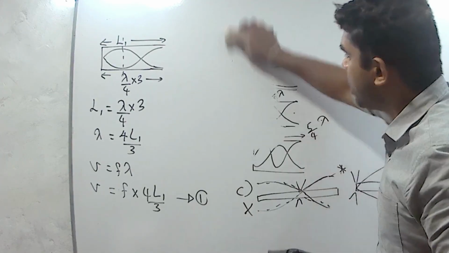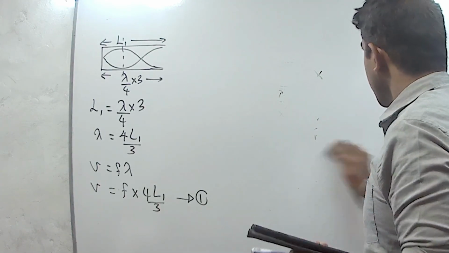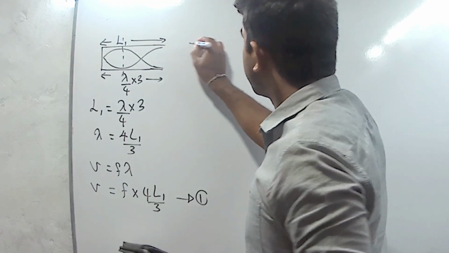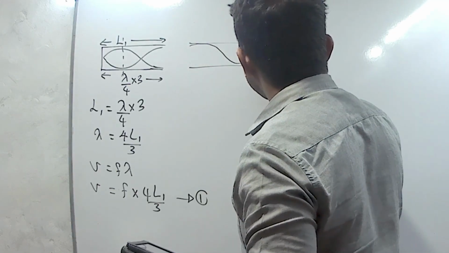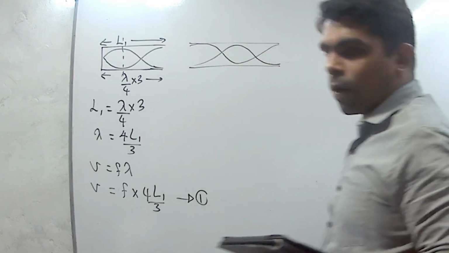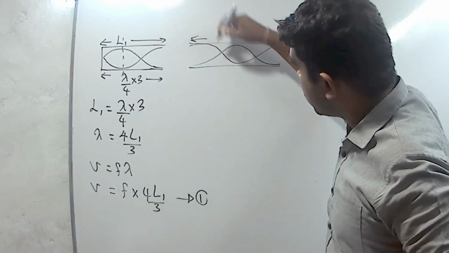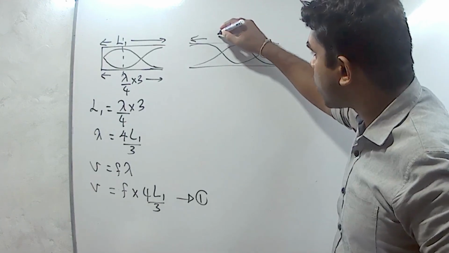Length of the open tube is given as L2. And we have to consider the first overtone. We can draw the first overtone for the open tube, and there are 1, 2, 3, 4 half loops.